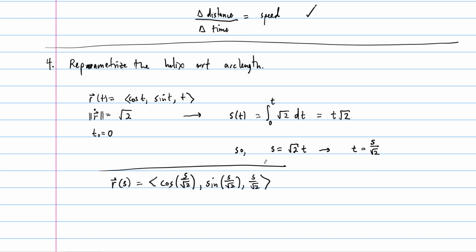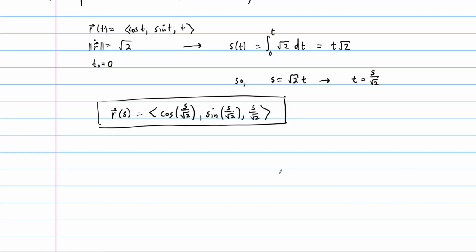And so this is the same helix, but it's parametrized in terms of arc length. Okay, so we're going to use this idea of parametrizing with respect to arc length in our next item as well.